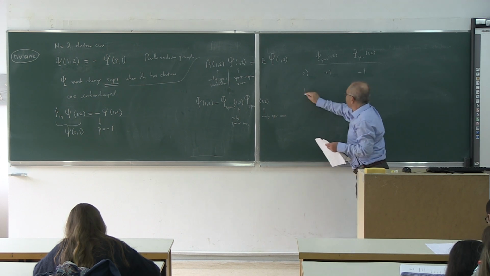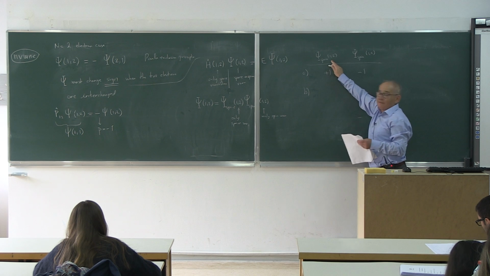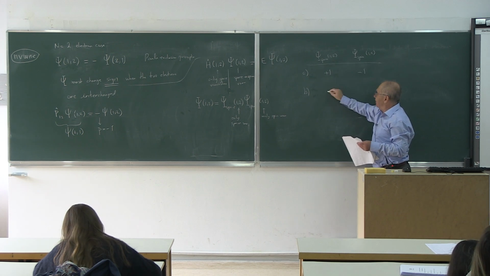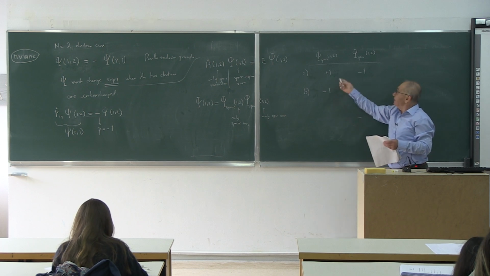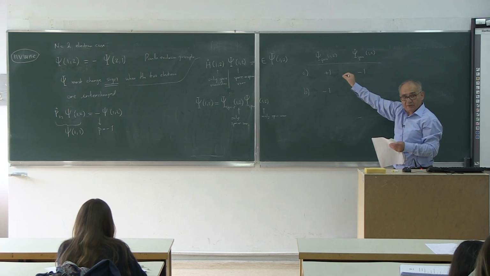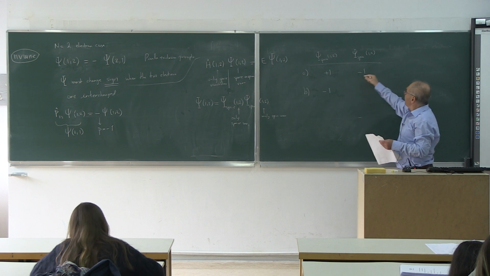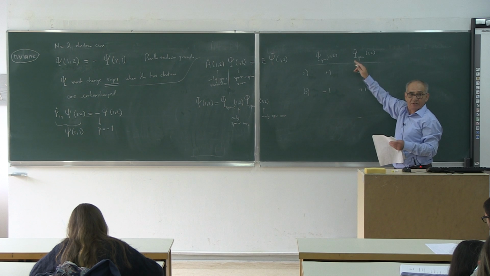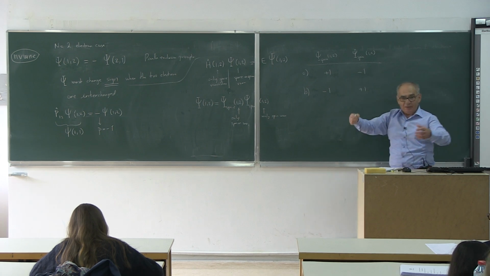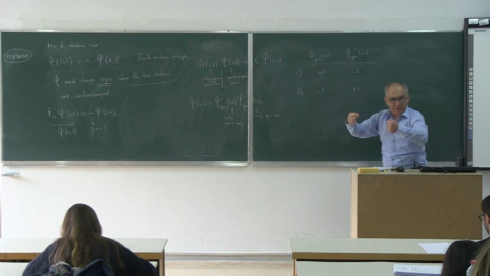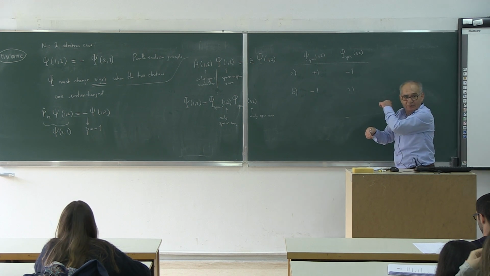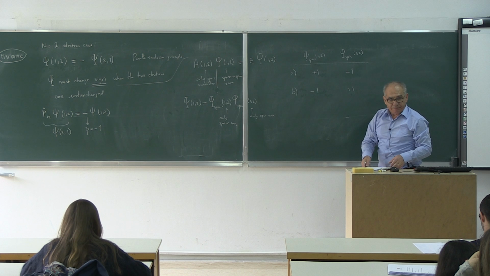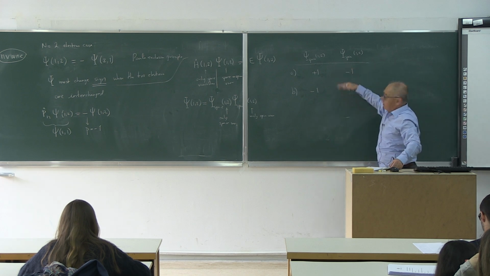The second possibility is that the space factor could be antisymmetric with respect to space exchange, but then it must be symmetric with respect to spin exchange, so that when we exchange all 4 variables, the net effect is -1 times +1. Again, it will be -1. So these are the 2 possibilities.